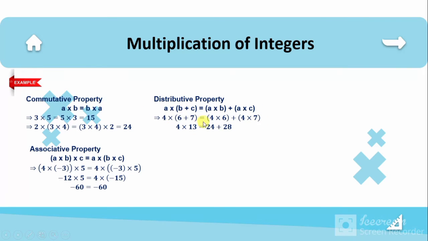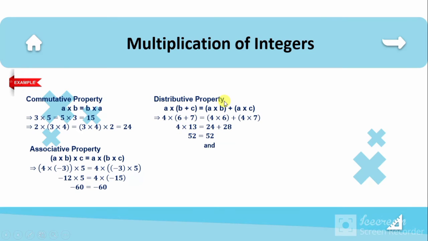In this area, its result is 4 times 13. And in this area, its result is 24 plus 28. And this also has the same result. That is, 52 is equal to 52. It means the multiplication of integers has the distributive property.